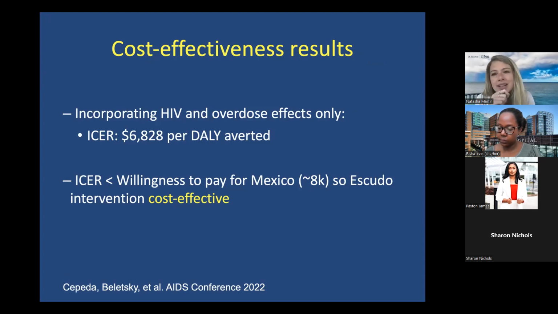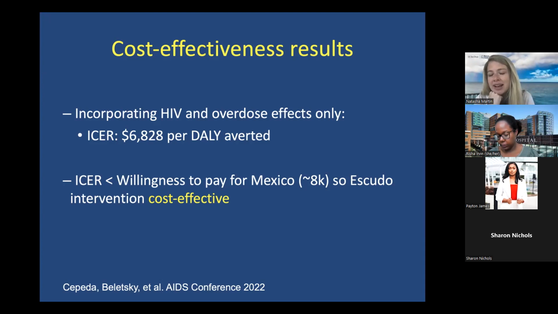The modeling says that the intervention costs $6,828 US per disability adjusted life year averted, DALY averted. That's a composite measure that takes into account the benefits in quality of life and quantity of life across all those different things. So if I'm not infected with HIV, or if I'm not infected with hepatitis C, or if I haven't died from a fatal overdose, I can put that all into a composite measure of these disability adjusted life years.